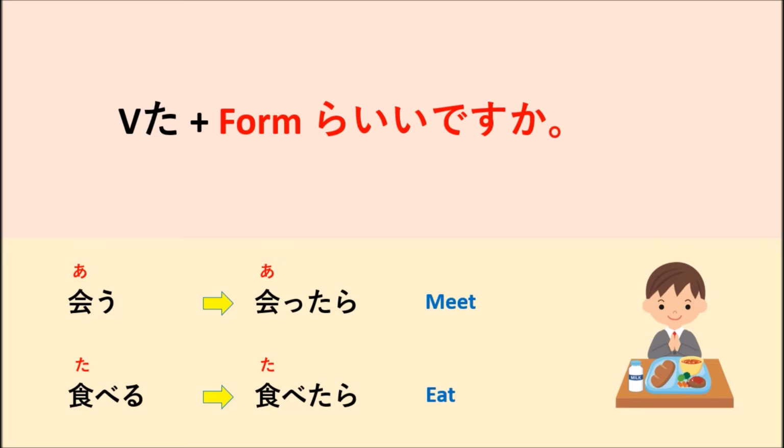To change it to the tara form, you just add ra to tabeta, so you can say tabetara. That's how to change the verb to the tara form: first change the verb to the past tense, and then follow it with ra.